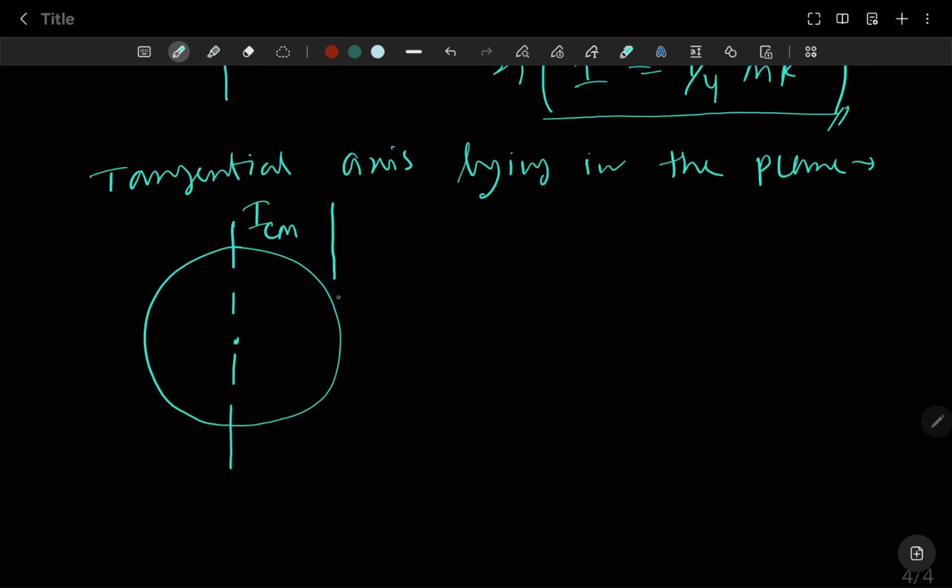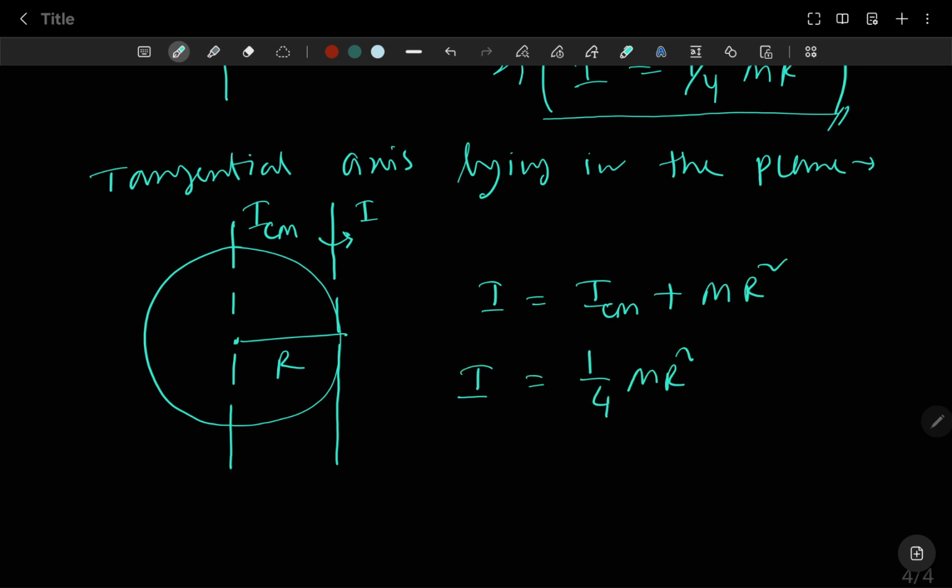So by parallel axis theorem we can find about this tangential axis I. The distance is capital R, so it will be I is ICM plus MR square. So 1 by 4 MR square about the diametrical axis plus MR square. So it will become 5 by 4 MR square.